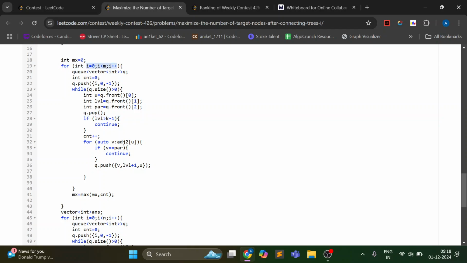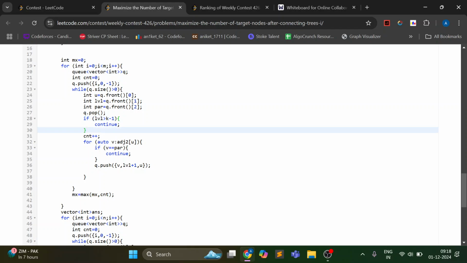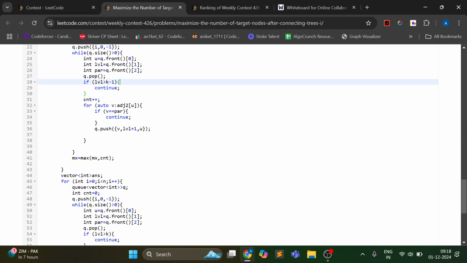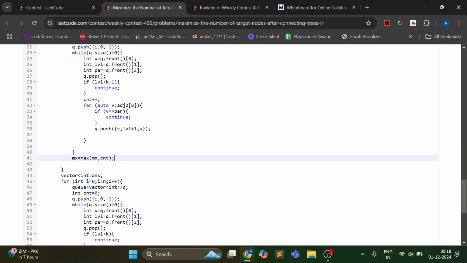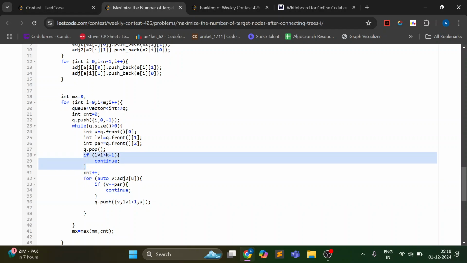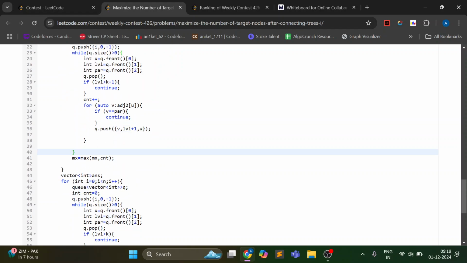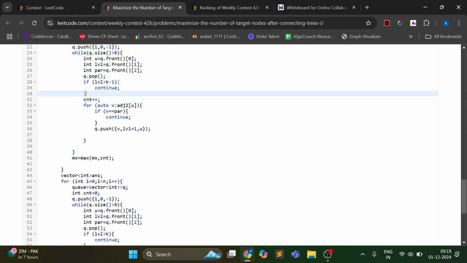We first pick a root and then I run a BFS up to level k minus 1, keep a counter to store the number of nodes visited, and also keep a max number of nodes visited and take the max with the counter every time. Remember, I'm incrementing the counter when I have checked that its level is not greater than k minus 1. So I have the maximum number of nodes up to level k minus 1 in the secondary.